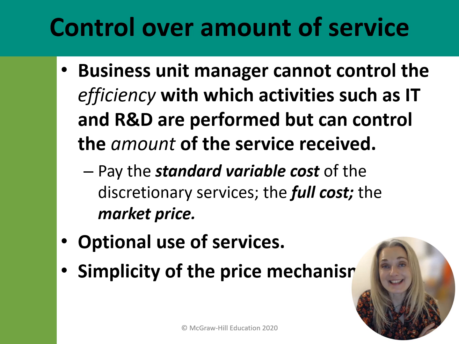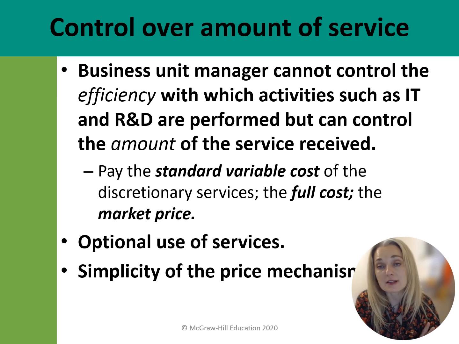When we discuss the control of services, oftentimes the unit manager cannot control the efficiency with which activities such as IT and R&D are performed, but they can control the amount of those services received. So how much IT support they utilize, or how much accounting or reporting support they get.